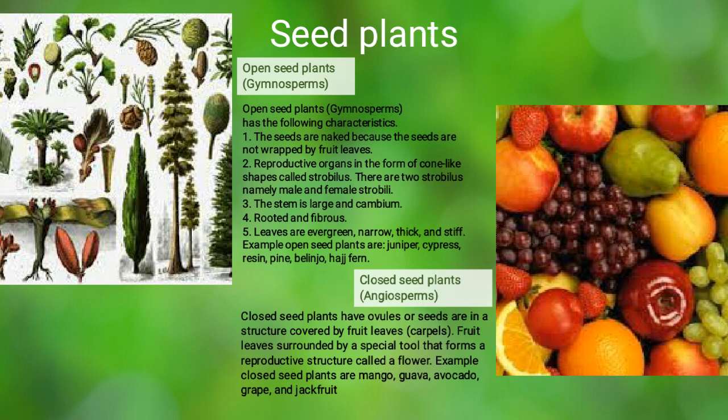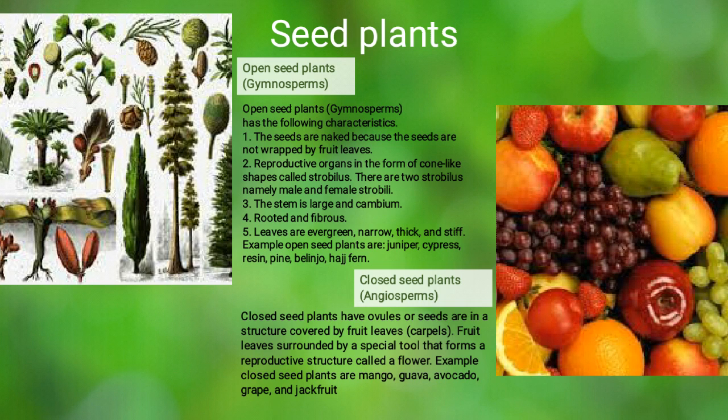The first, the seeds are naked because the seeds are not wrapped by fruit leaves. Second, reproductive organs in the form of a cone-like shape called strobilus. There are two kinds of strobilus, namely male and female strobili. The third, the stem is large and has cambium.